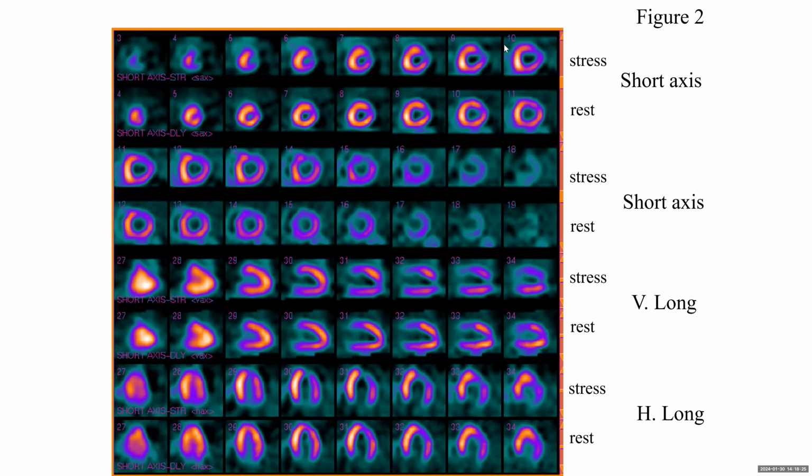One of the most important things is when you hit a segment in one territory, that segment is going to be affected. But with the stress in general, your response should be really narrowing or smaller LV volume.